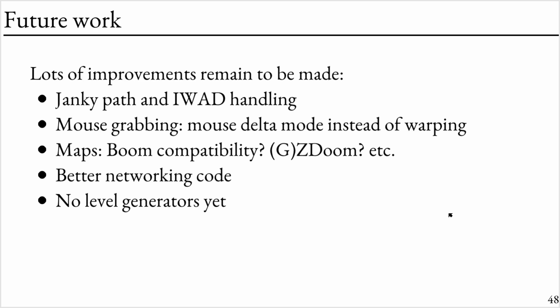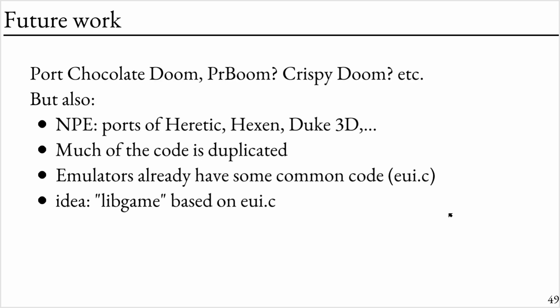Sorry, and we would like some level generators as well in future. So we might port Chocolate Doom and maybe other source ports as well. But thanks to Sigrid and Moody's work on Nope, we have a bunch of game ports of Heretic, Hex, and Duke 3D and stuff like this.